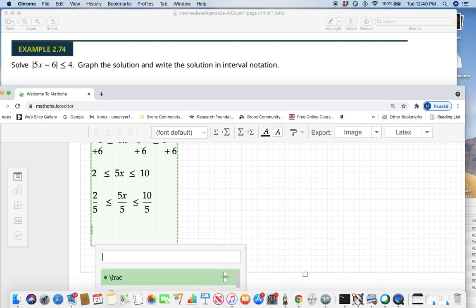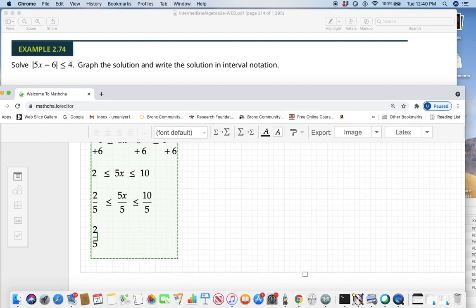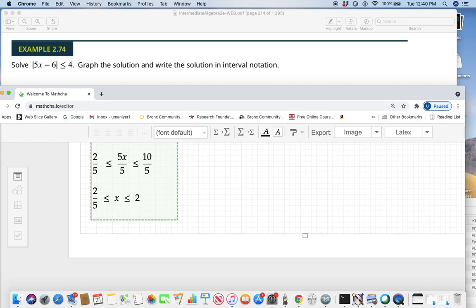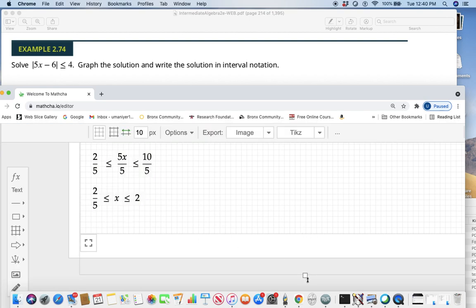So this simplifies: 2 over 5 less than or equal to 5x over 5, 5's cancel, less than or equal to 10 over 5 is a 2. You have isolated x, so you have solved for x.